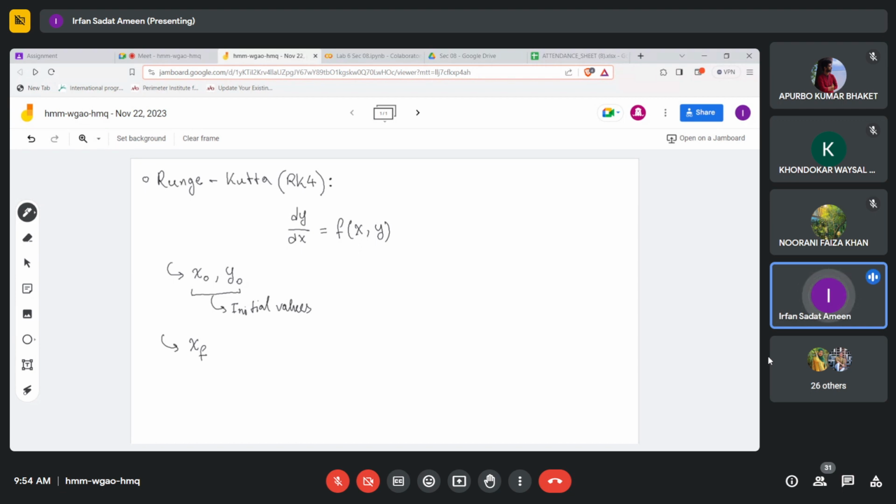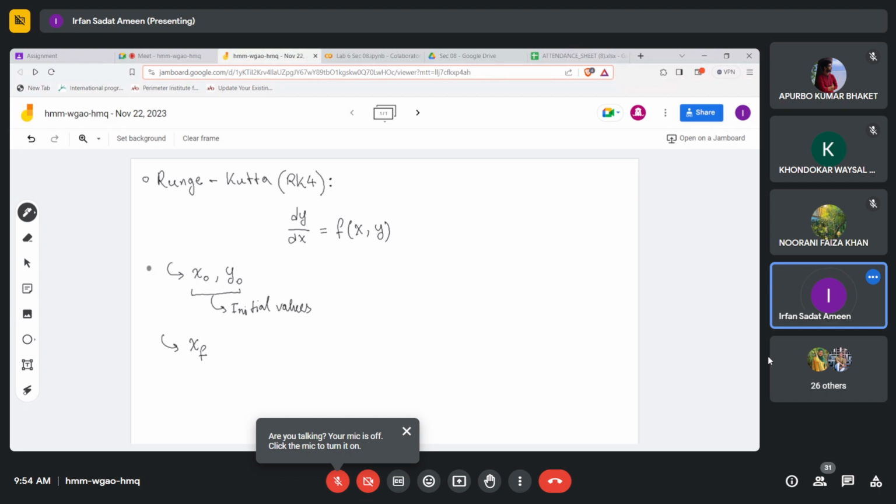Also we are doing it numerically, that means we will get a plot instead of any expressions. To plot, we need a specific domain, right? Because a graph can be infinitely large. So x0 would be our starting value, xf would be our ending value. That would be our domain.